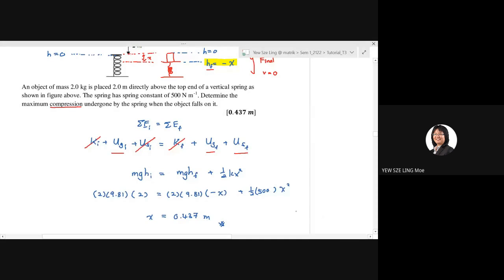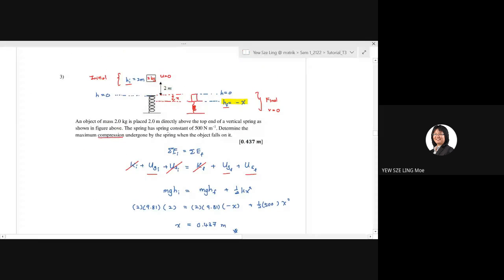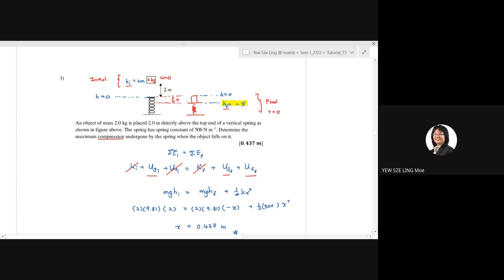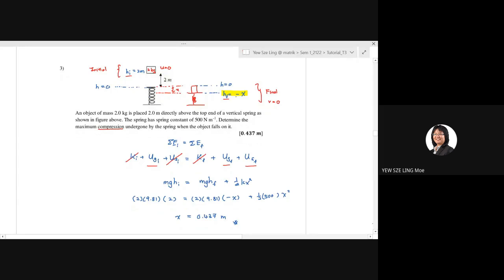The crucial part in this question is how to determine H. A lot of students cannot answer this question because they don't know H can be a negative value. Why? Because now it is located below H equals 0.